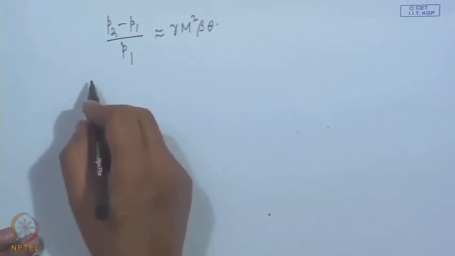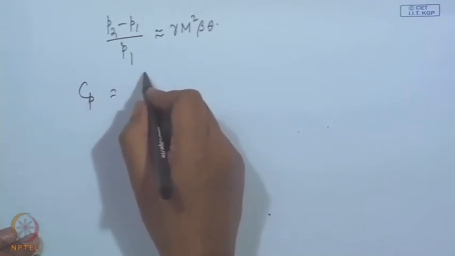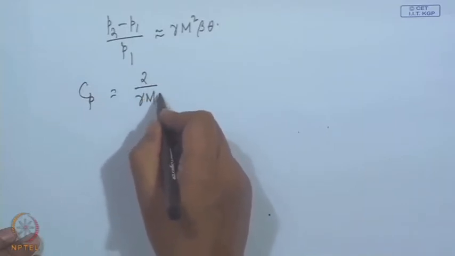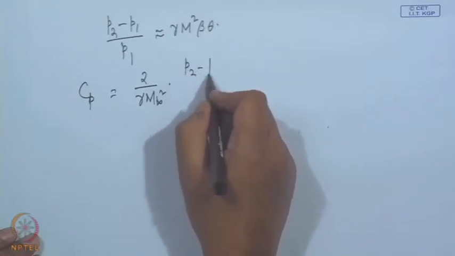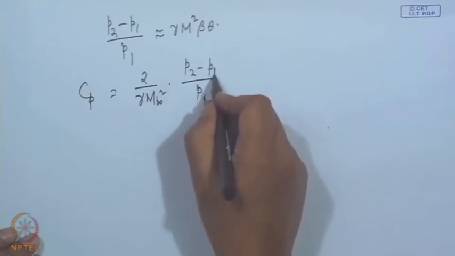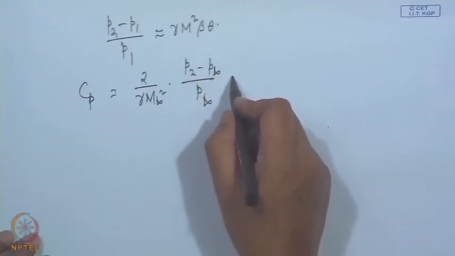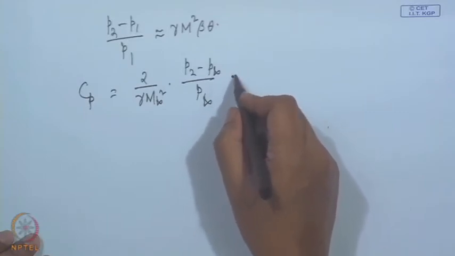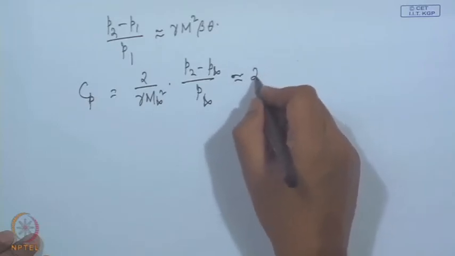And as we know, Cp equals 2 by gamma M infinity square into P2 minus P1 by P1, or P infinity, and this now becomes 2 beta theta.